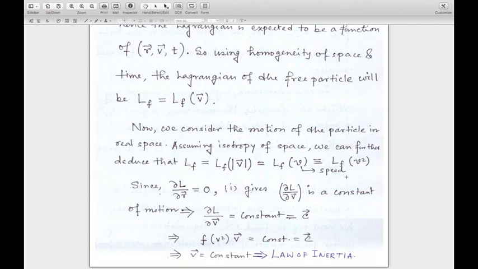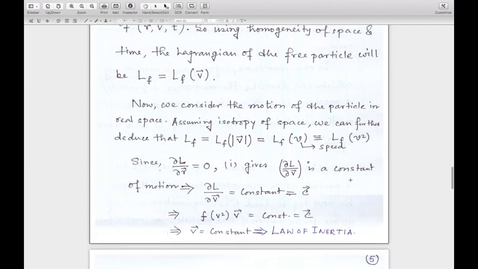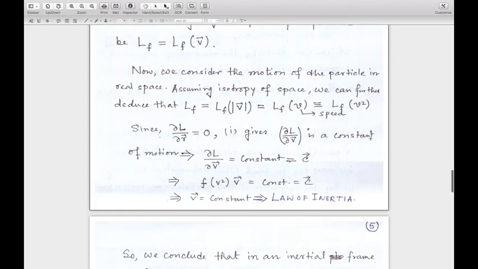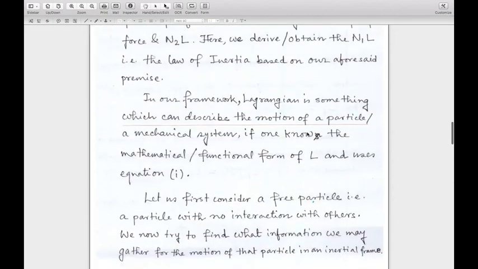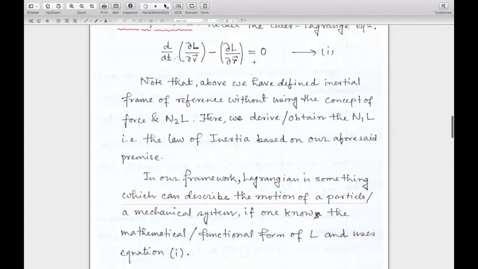Every v you can write as root over v squared, right? So the scalar part of v, actually the magnitude of the vector v. So another way of writing it is that the Lagrangian of a free particle will be a function of the speed squared. Now remember, we have this equation 1, this one, Roman 1.